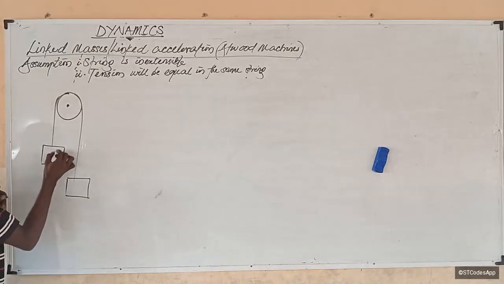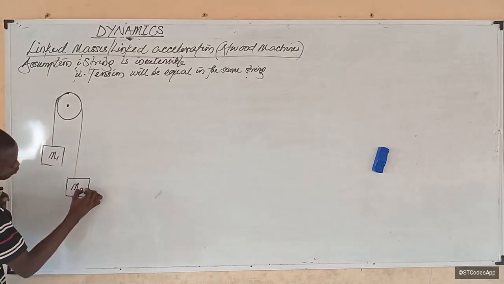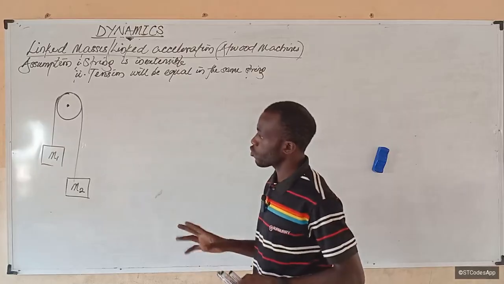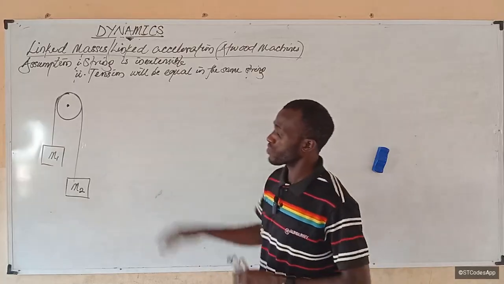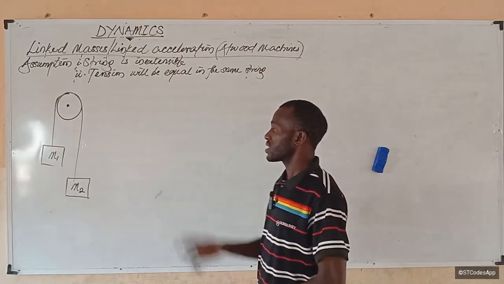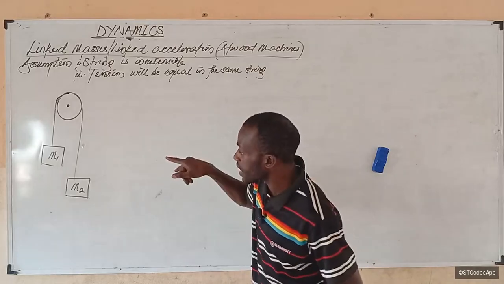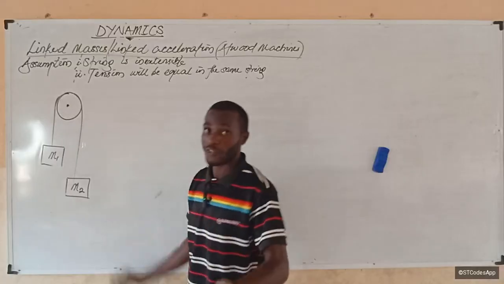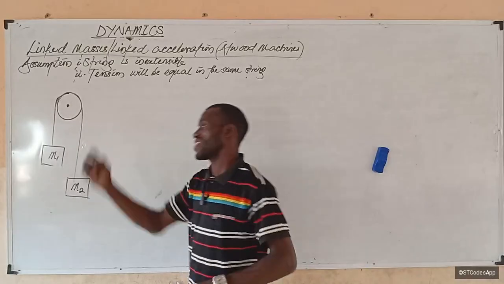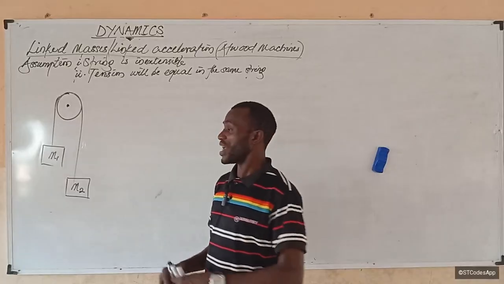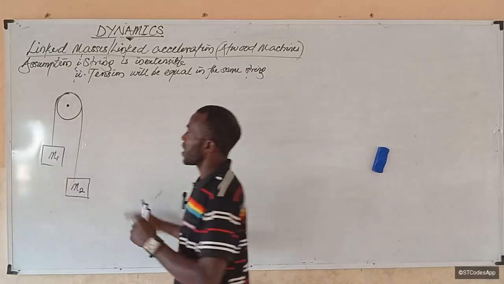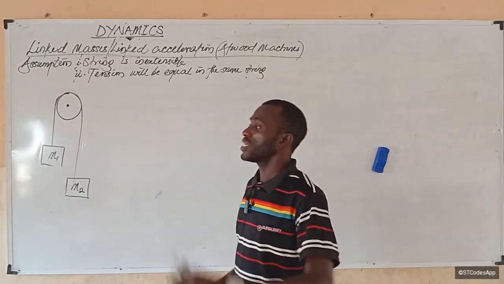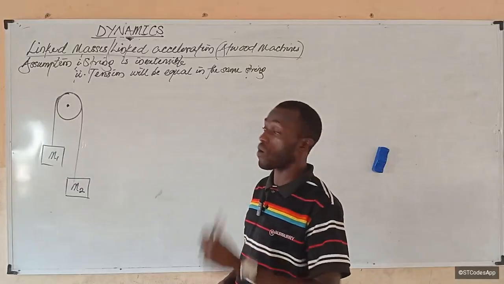If I call this M1 and I call this M2, let me ask you something. Looking at what you are seeing here, which of the masses is heavier? Is it M1 or M2? Looking at what I drew, you see that it's as if this thing is already moving in this direction. So M2 is heavier. Is that clear? Since M2 is heavier and they are linked by one inextensible string, then these equations I want to generate will work for them.